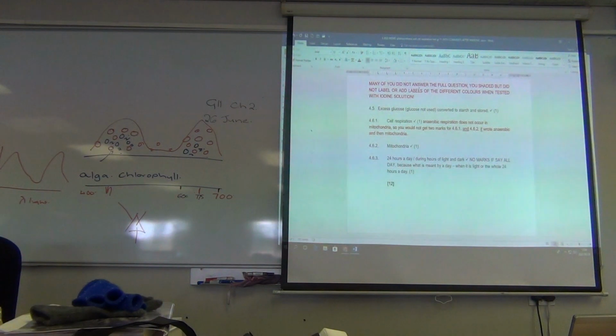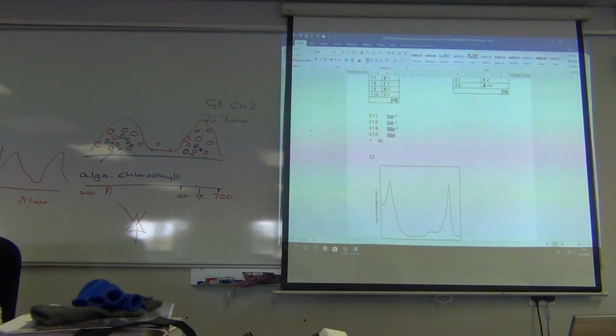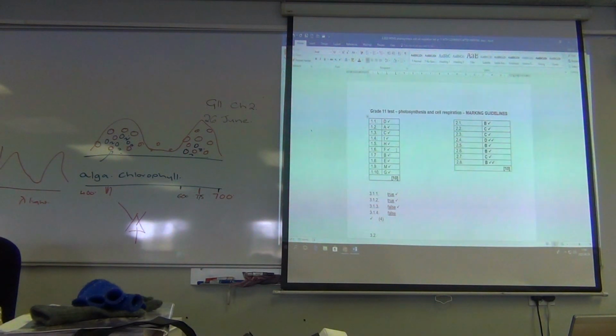And so the answer was A. And here it is ethanol, and it states in plants. But doesn't it occur in... Wait. How did you get 2 marks? Not doing respiration.